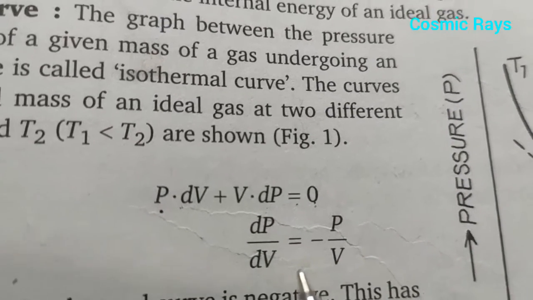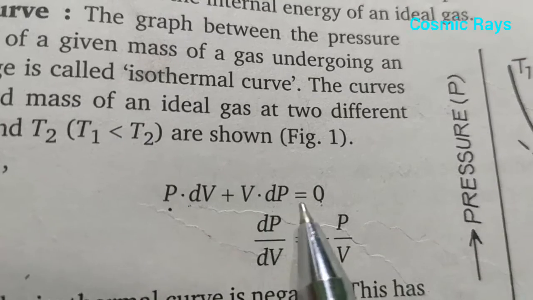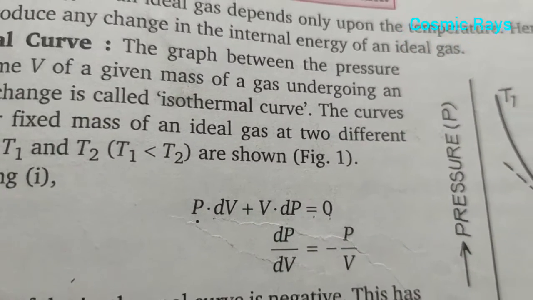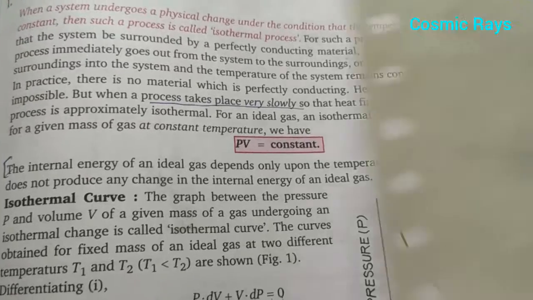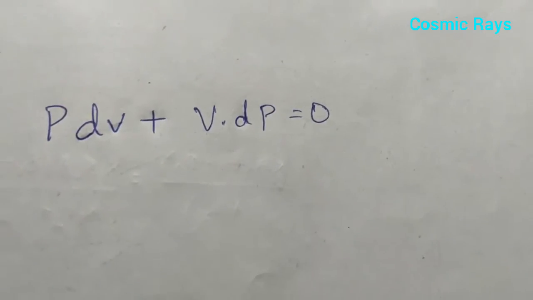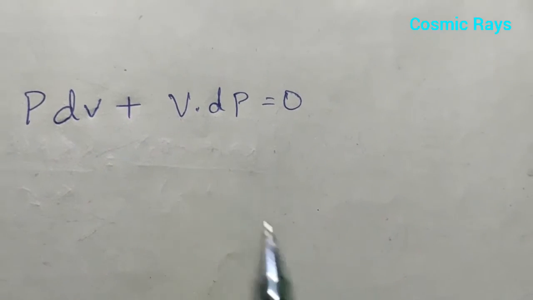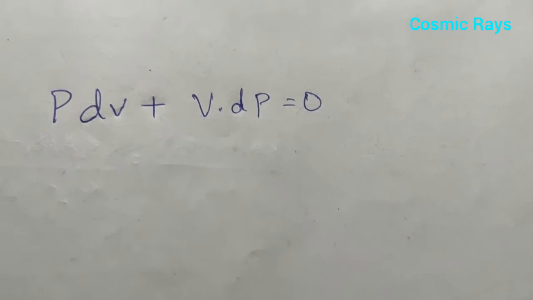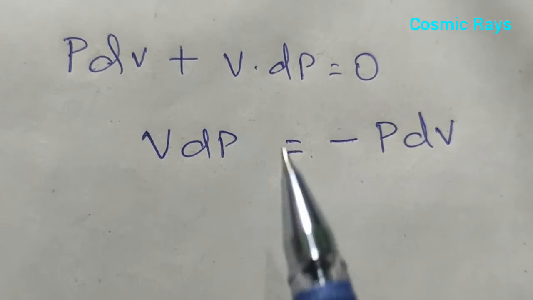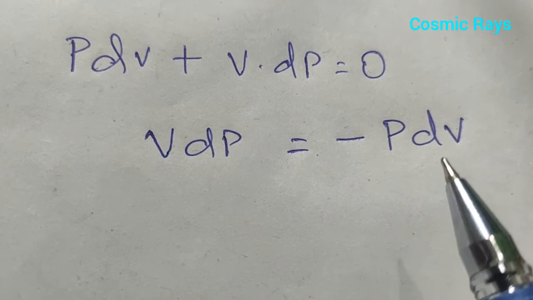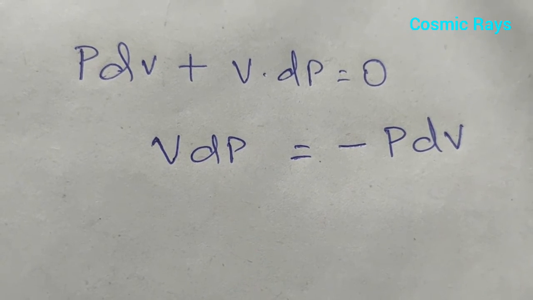So we get the equation and we find out the value of dP upon dV. I'll just show it to you. We have the equation P dV plus V dP equal to 0. We take the term P dV to the other side and it becomes minus P dV. We have to get the value of dP upon dV.